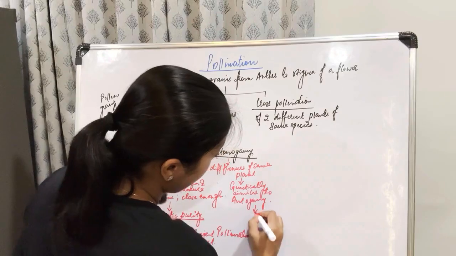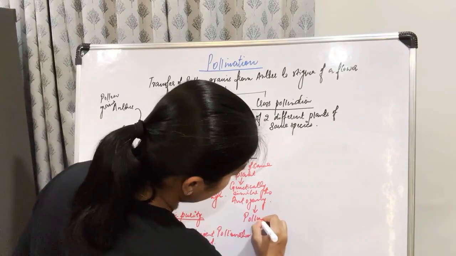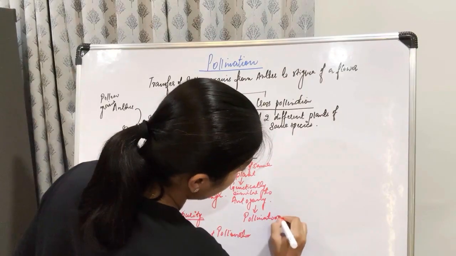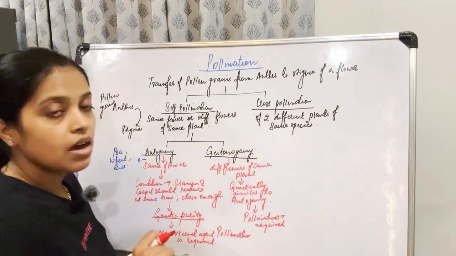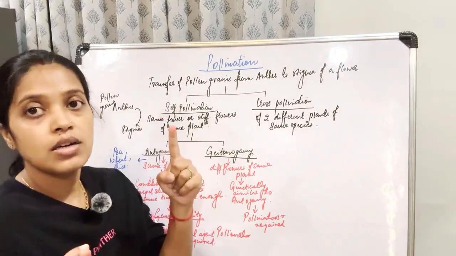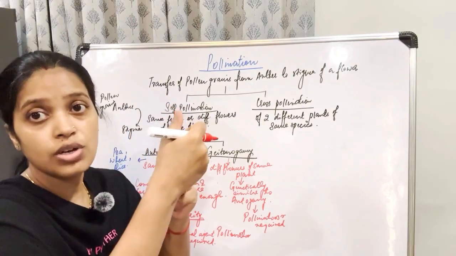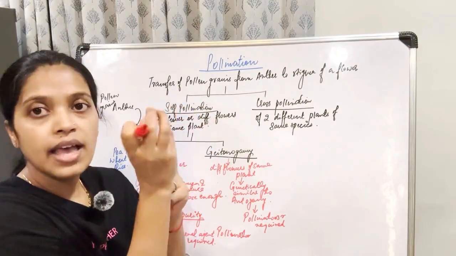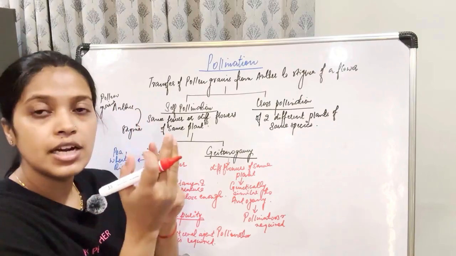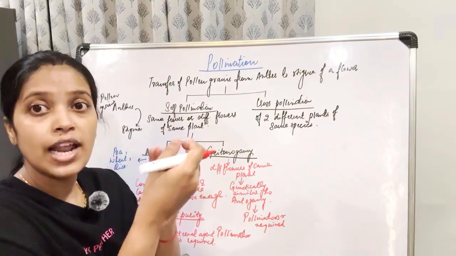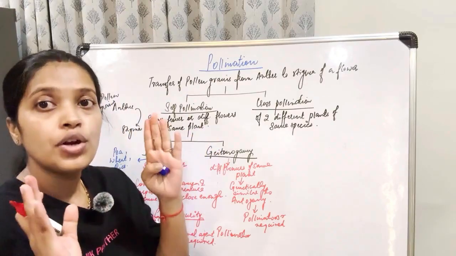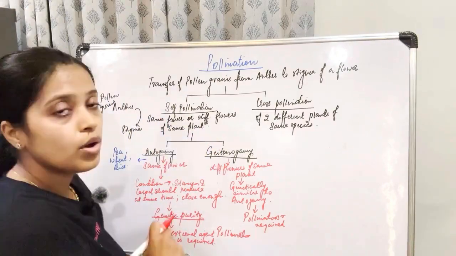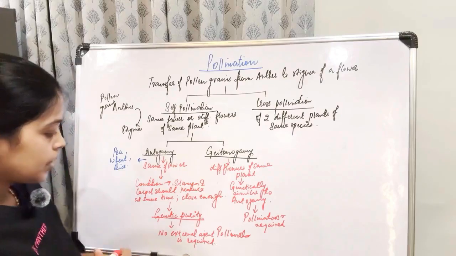Here the pollinators are required. Since it is occurring between two different flowers, some carrier, some pollinator is needed to help in the transfer of pollen grains from the anther to the stigma of two different flowers. So here the pollinators are needed, okay.